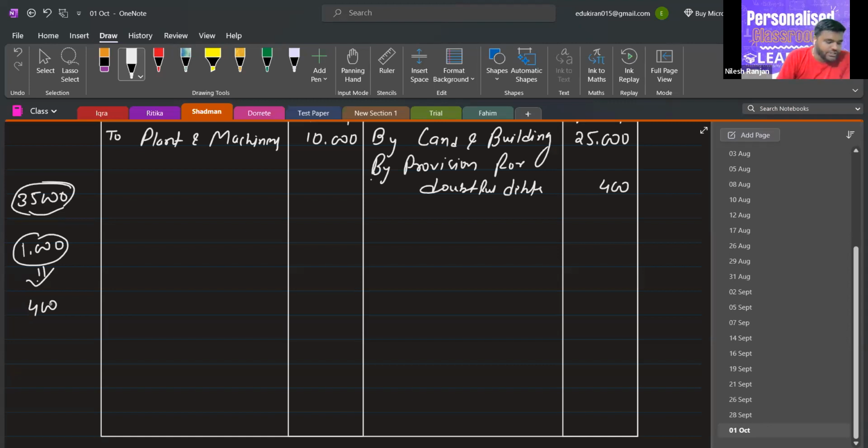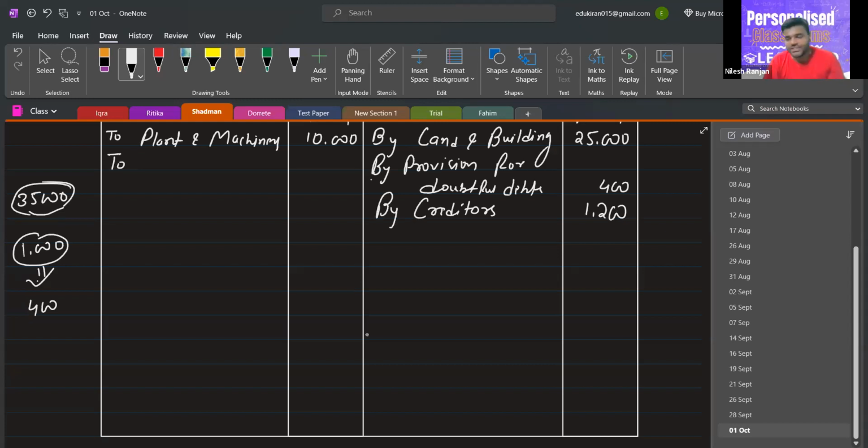The next is a liability of rupees 1200 included in sundry creditors was not likely to arise. Means in sundry creditors, the total amount is 70,000 and there is 1200 included in that amount, which we don't have to pay now. So it is also profit for us. Sir, I didn't understand this also.